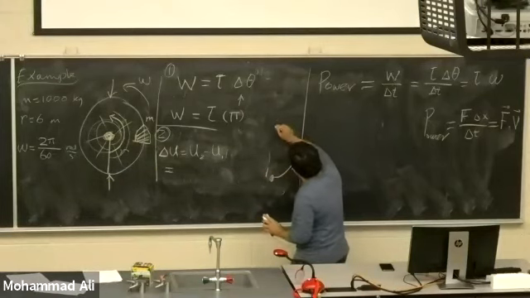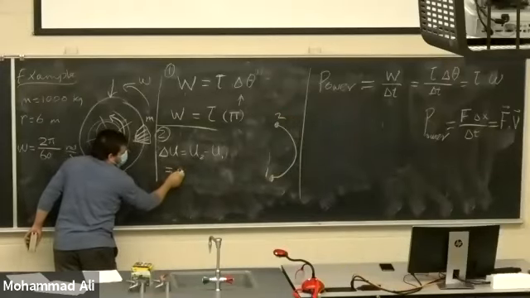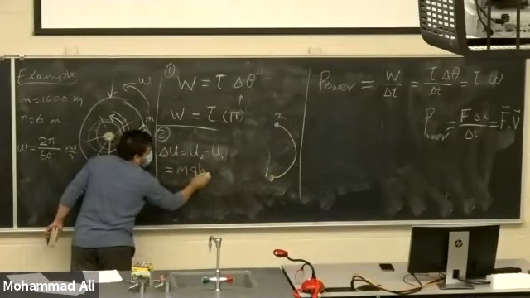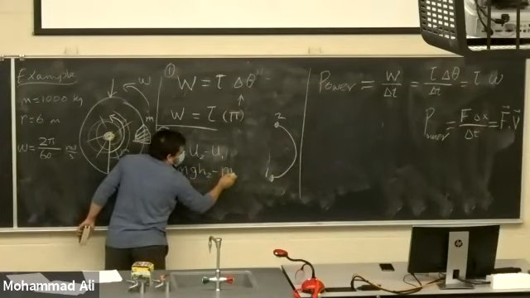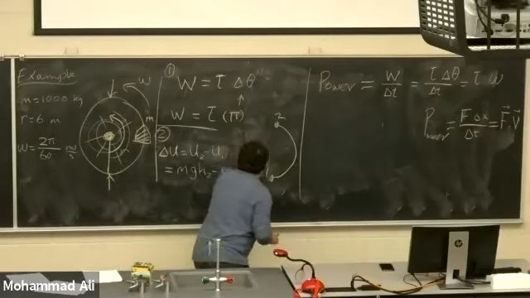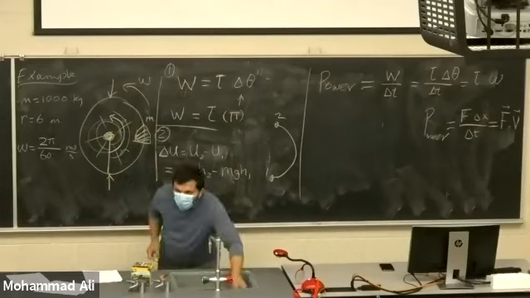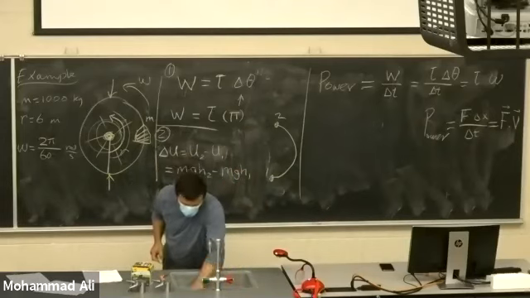This is point 1, this is point 2. U2 is mgh2 minus mgh1. Am I right? Okay.